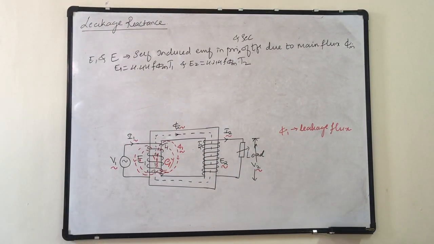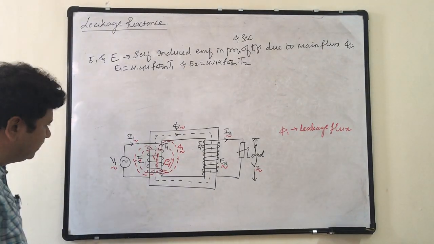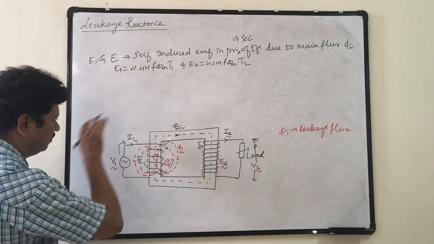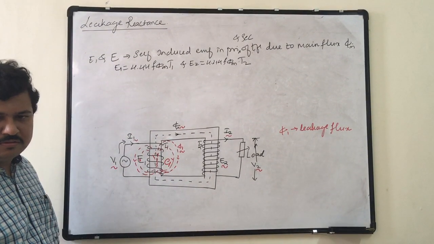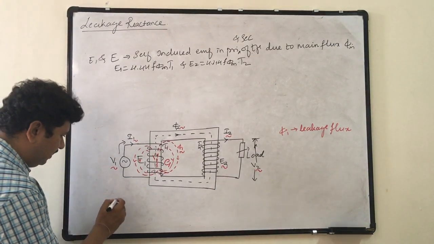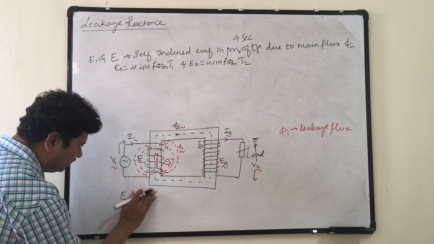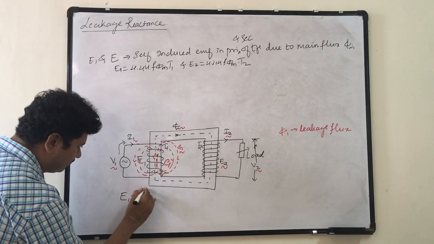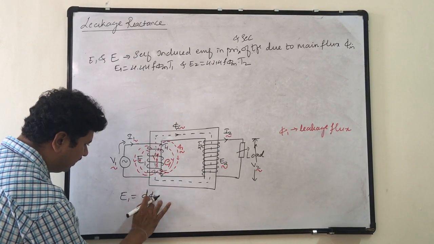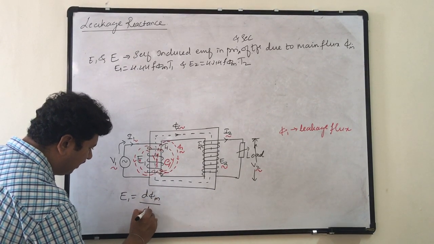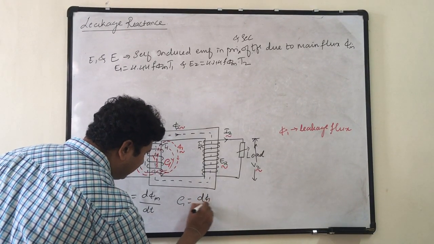So apply KVL. V1 is the source. The direction of V1 is towards the winding. But whereas E1 and small e1 are opposing: E1 is d phi m divided by dt, and small e1 is d phi 1 divided by dt.